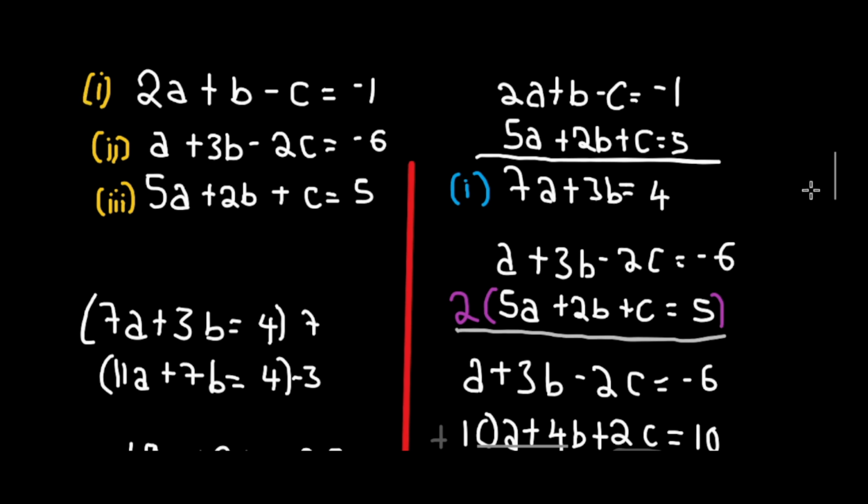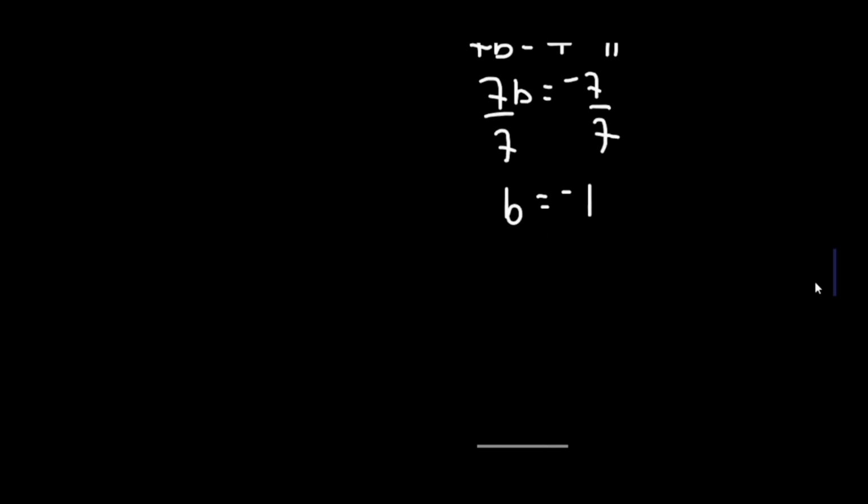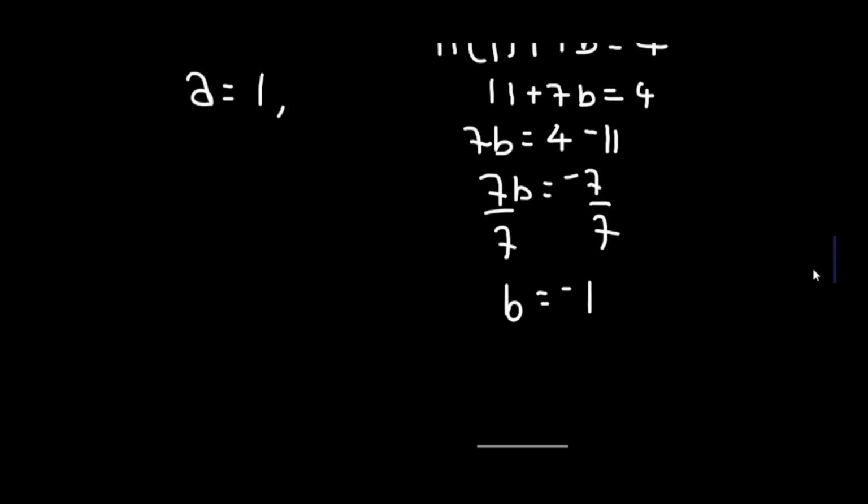I'm going to get the first equation, which is 2a plus b minus c is equal to negative 1.